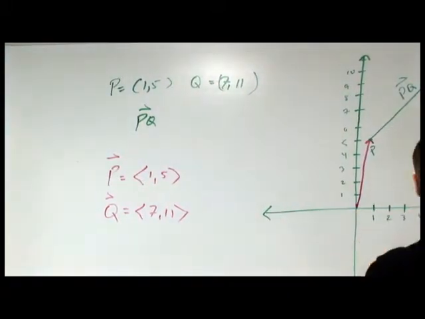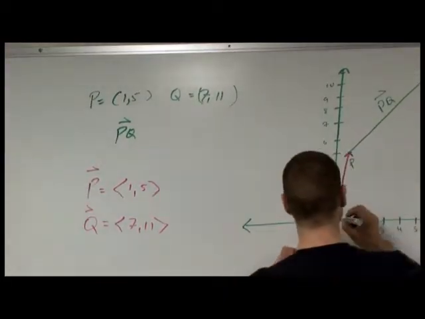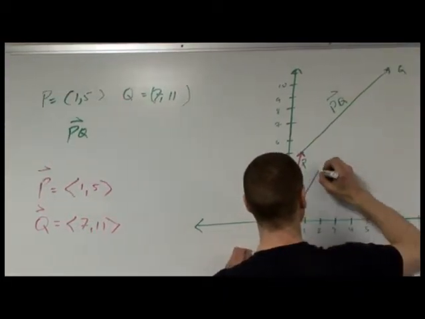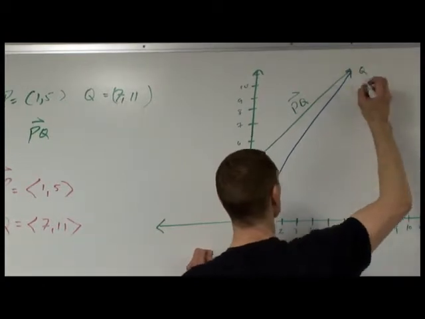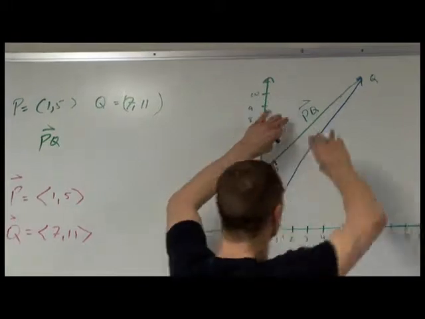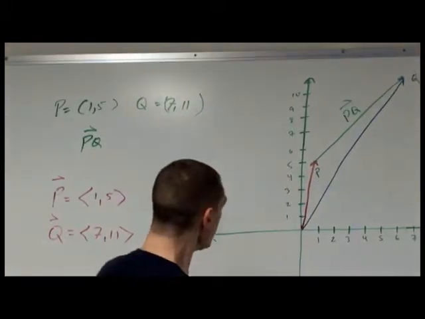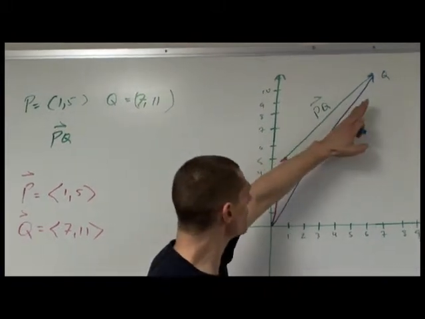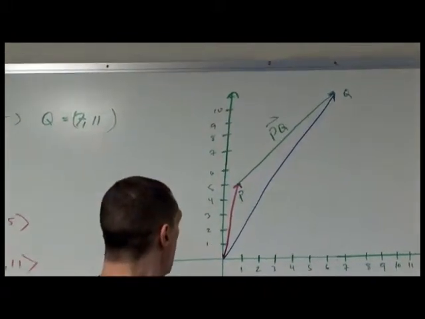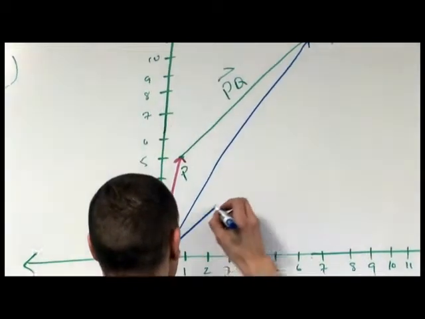Okay, so let me get another color. So here is the vector. Oh, I got it. Drawing straight is hard. Oh, okay, so here is the vector Q, if I'm thinking of it like this, right? So here's this vector PQ that's up in the plane by thinking about these as points. Here is a vector P, and here's a vector Q. What I'm really looking for is, and I'll try and draw this right.